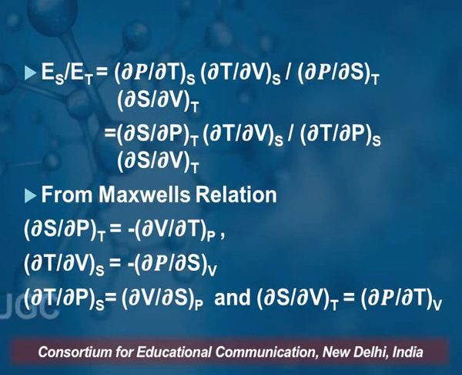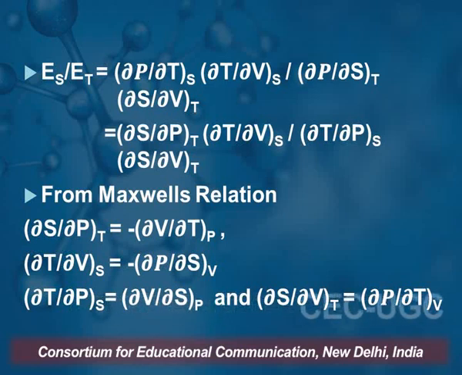Now let me write the equation in a special form. Why do I do this? Because essentially I have to show that Es by Et is equal to Cp by Cv. So I have to manipulate the right hand side in such a way that using Maxwell's relation I am able to get the desired relation.